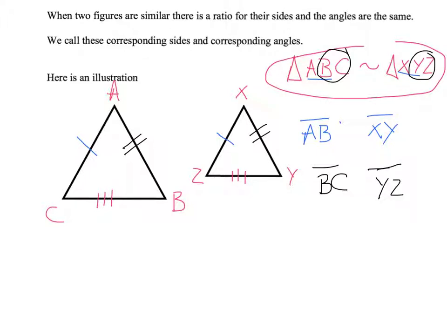To notate corresponding angles, we do something similar to what we did with corresponding sides. I'll draw a little loop here. So that's my first corresponding angle. For the second one, I would draw two little half circles. And for the last one, I would draw three.